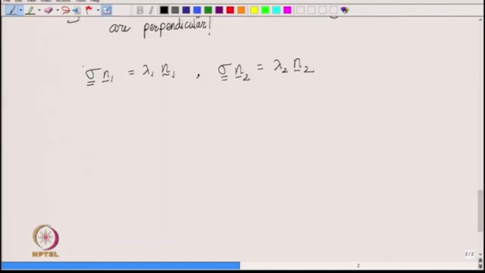So, let us dot the first equation with n2, okay, and the second one with n1.